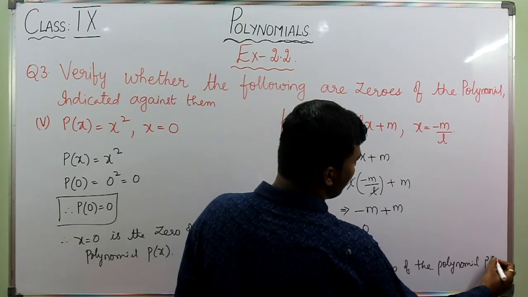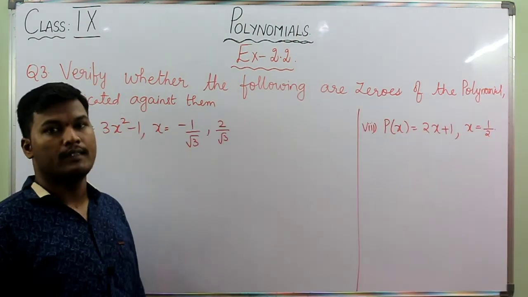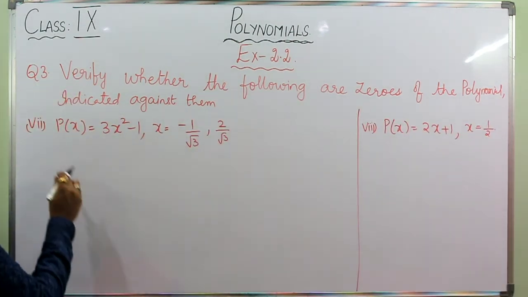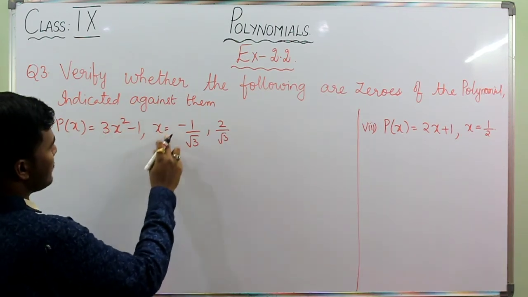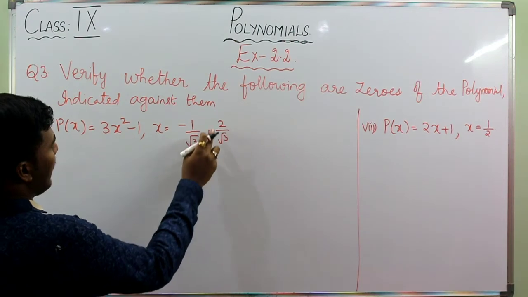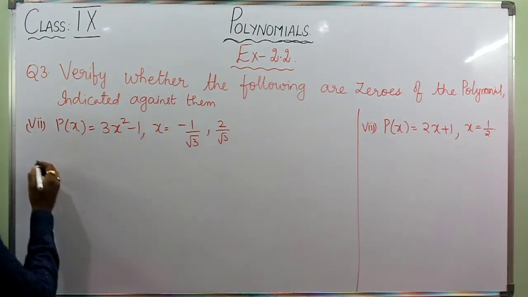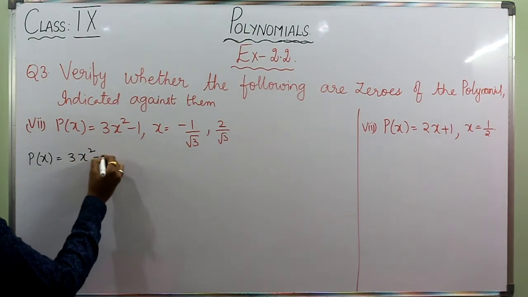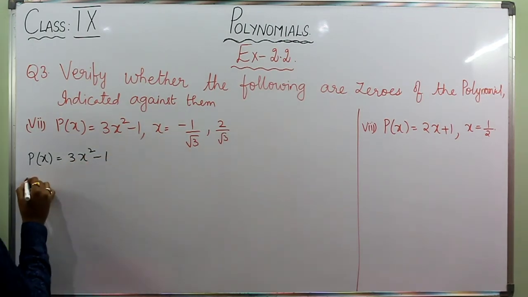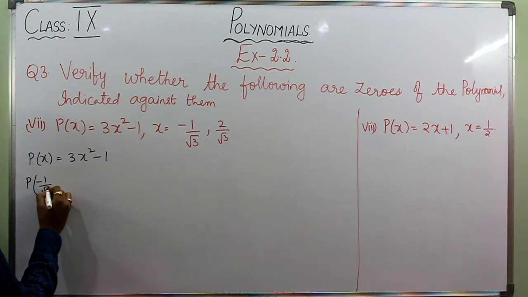The next problem, that is P of x is equals to 3x square minus 1, where x is equals to minus 1 by root 3 and 2 by root 3. So now let us consider P of x is equals to 3x square minus 1. Let us take x as minus 1 by root 3 first.